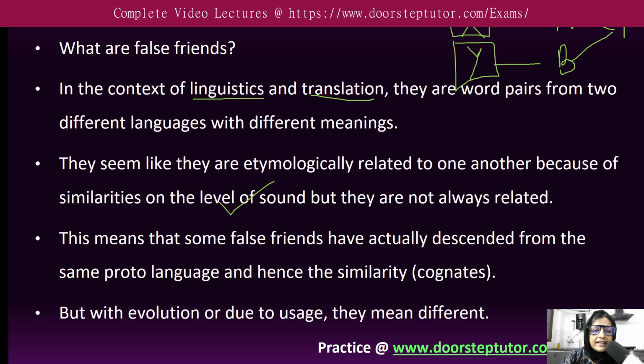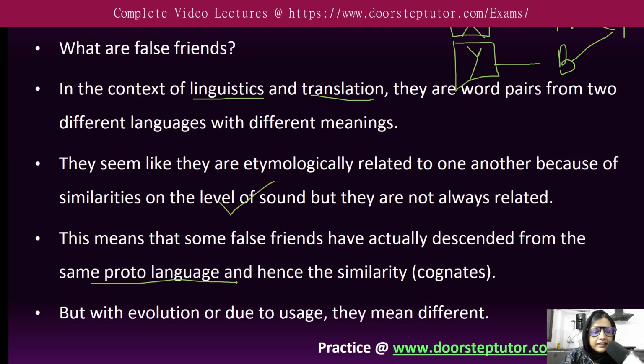This means that some false friends have actually descended down from the same proto language, and that is why they are very similar to each other. So the reason for this similarity is actually the common etymology, common origin.